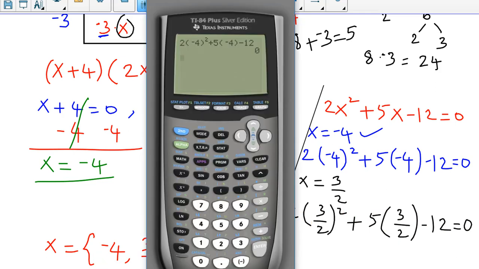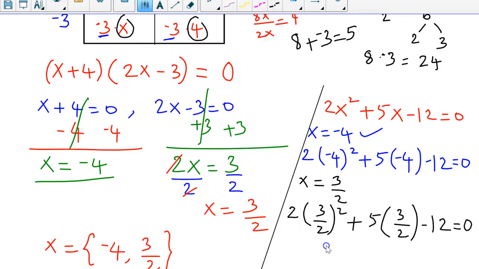Okay, let's verify. Start with the 2 parentheses 3 divide 2, close parenthesis, and then square. Don't worry about writing it in fraction form. Just 3 divide 2 square is fine. Plus 5 parenthesis 3 divide 2, close the parenthesis, minus 12. Hit enter. Is your answer 0? Yes. So this is true. That value of x equal to 3 over 2 is also correct, right?